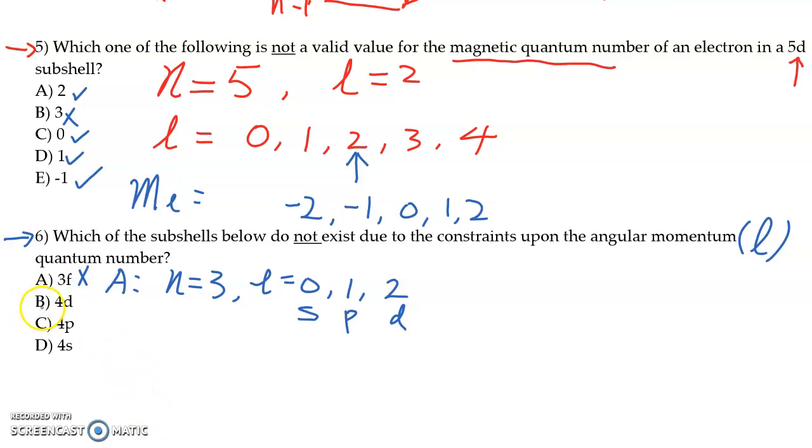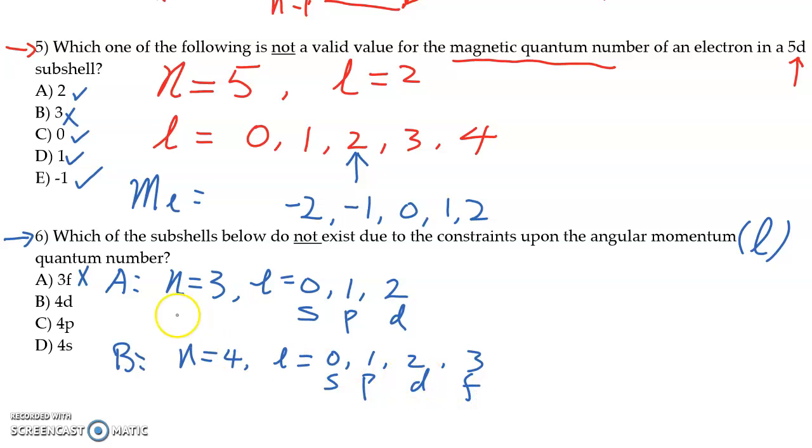How about, let's work on B. On B, when n is equal to 4, L can be equal to 0, 1, 2, and 3. So that means this is the S orbital, P, D, and F. So 4D is allowed. 4D means n equal to 4 and L equal to 2.